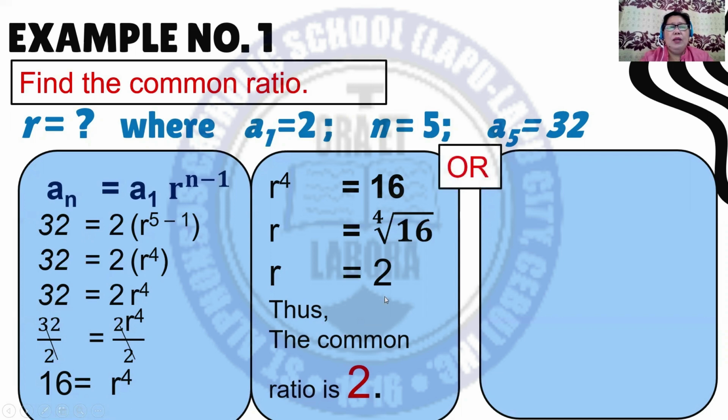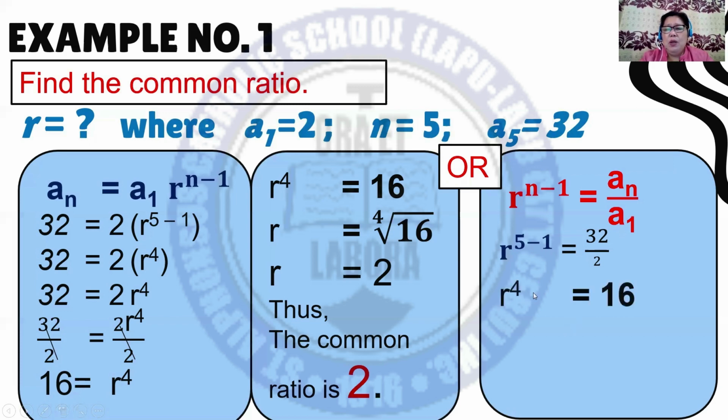Or, if you will use the other formula, which is r raised to exponent n minus 1 is equal to a sub n over a sub 1. So, r raised to exponent 5 minus 1, then a sub n, the last term, is 32 over the first term, which is 2. 5 minus 1 is 4. 32 divided by 2 is 16.